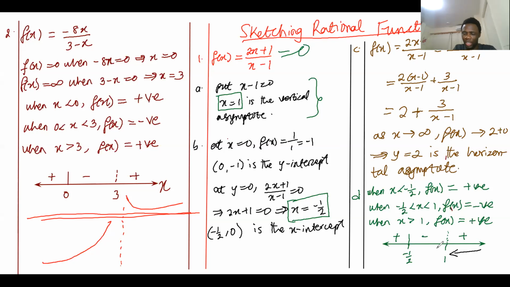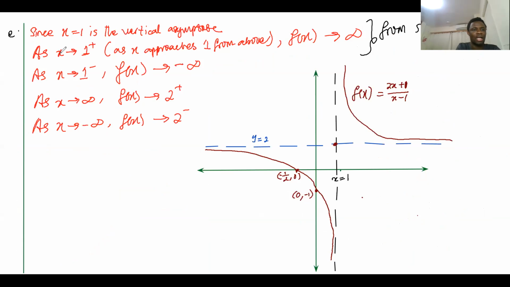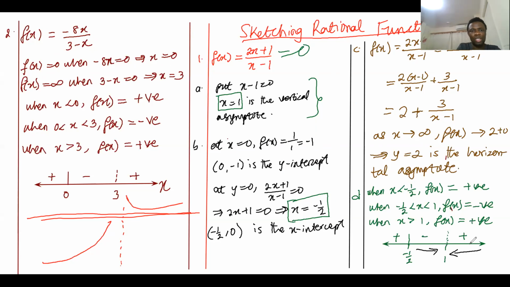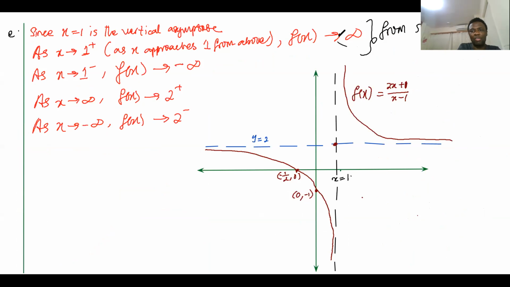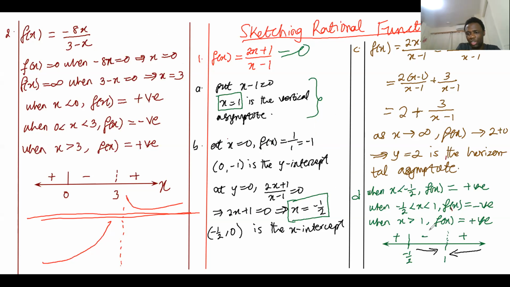When it is coming from here, it's always below the x-axis, which means y is less than 0. And that's exactly what we have said. As x tends to 1 from above, the curve approaches infinity. That is the meaning of this. So your two responses here are either infinity or negative infinity: infinity when you have plus, negative infinity when you have minus.